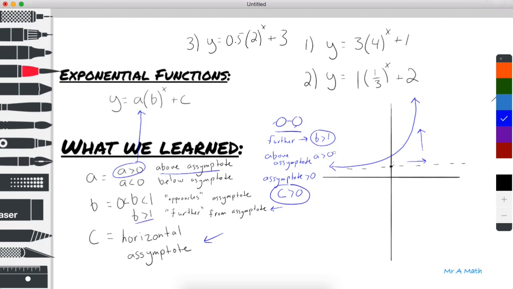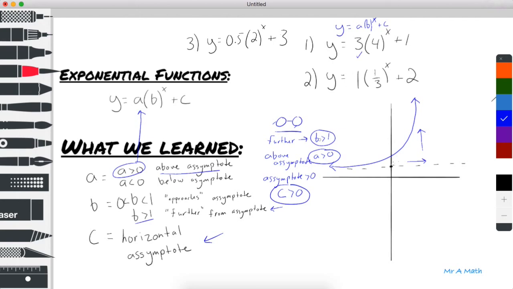So keep these three important pieces of information in mind. And let's go ahead and look at number 1. Remember, my function is y equals a times b to the x power plus c. So my a in this example has to be positive because my function is above the asymptote, so that's good.